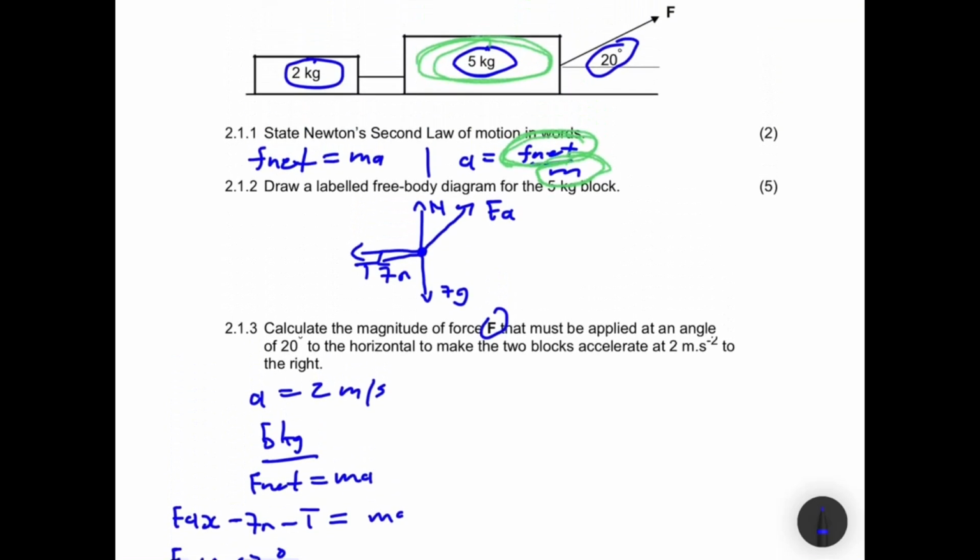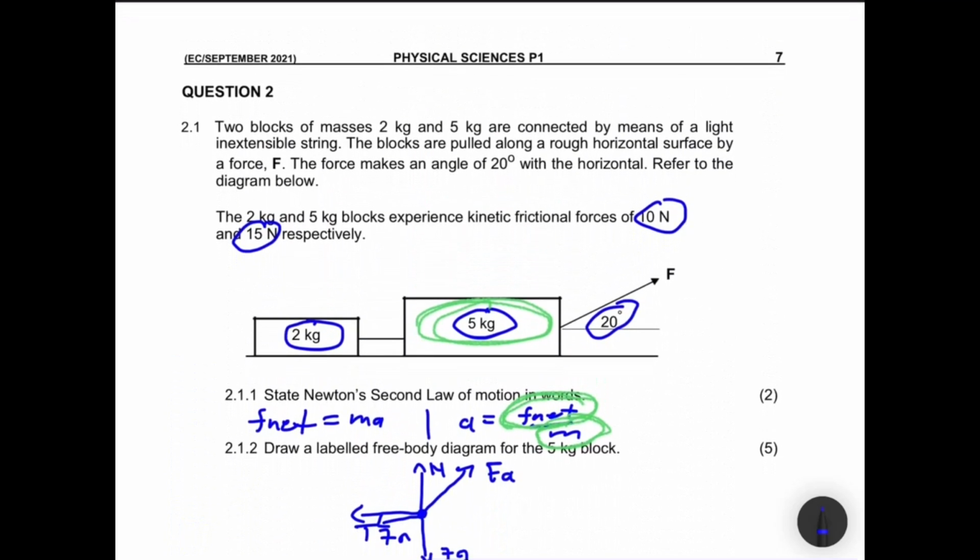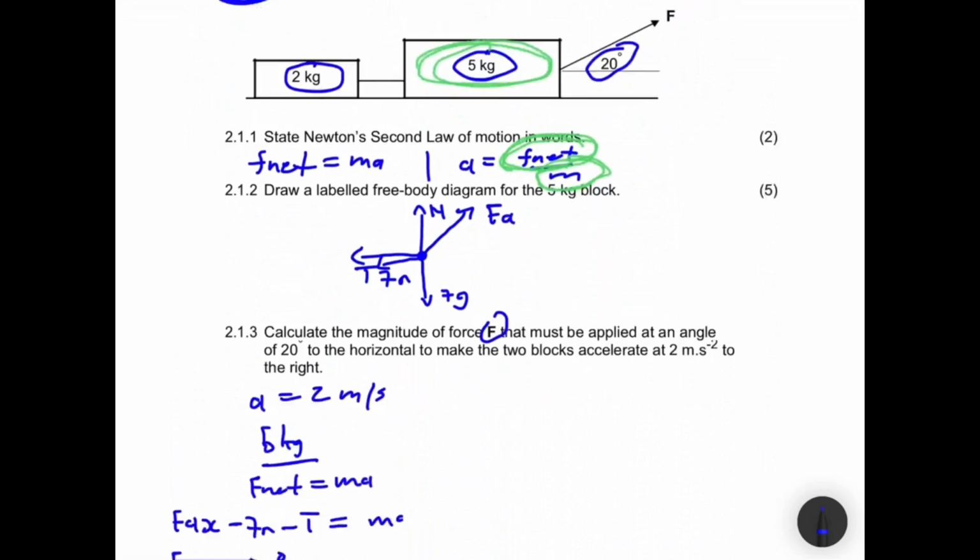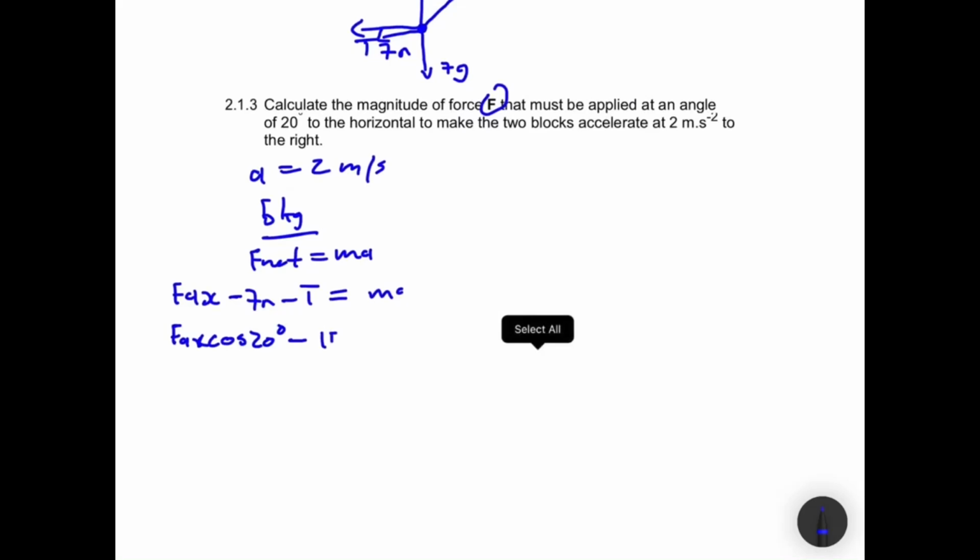The frictional force is said to be equal to 15 Newton, right? So minus 15 and then minus the tension. We don't know what the tension is, so we're just going to leave it like that for the moment. And then that is all equal to ma, right? We know the mass fully well. The mass is 5, and the acceleration, we're assuming that it is 2, right?